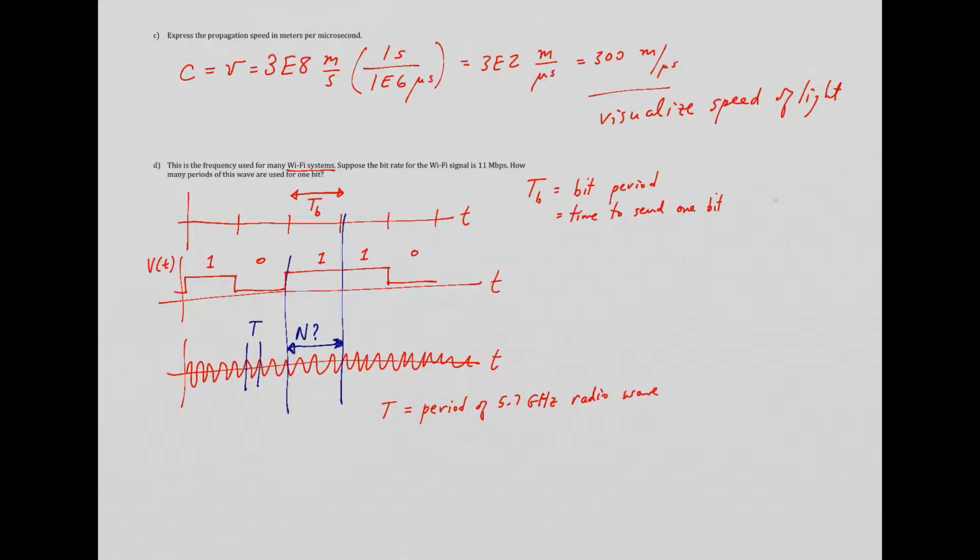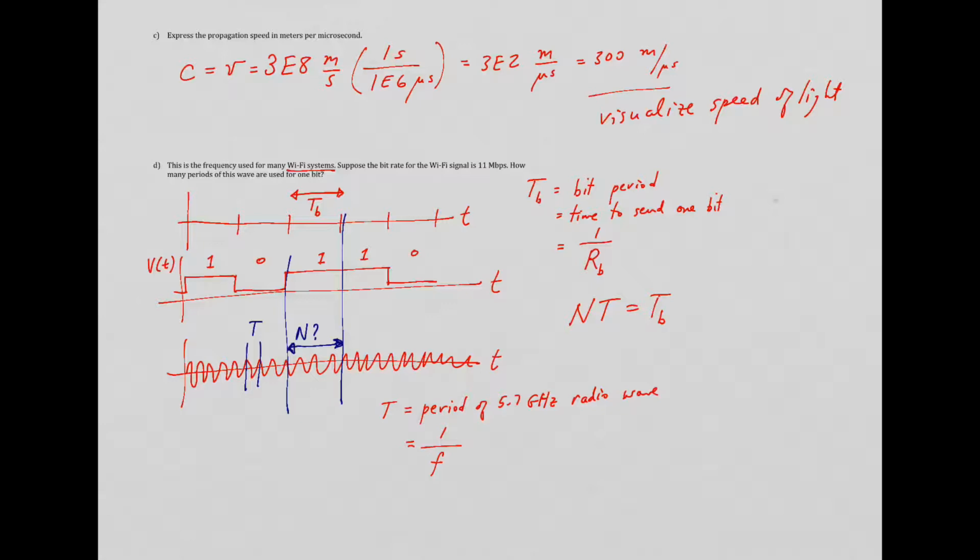So what I'm going to do is say that some number capital N times t is equal to the bit period. And the bit period is equal to 1 over the bit rate for the digital signal, in the same way that the period of the analog radio wave is equal to 1 over the frequency of that wave.